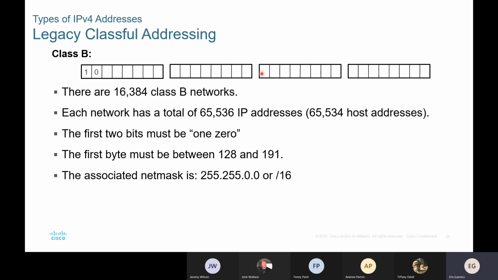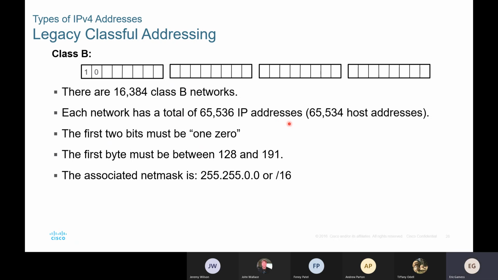So 2 possibilities times 2 possibilities, up to times 2 possibilities. What will be the total number of IP addresses? 2 to the 16, and 2 to the 16 is this number. So each network has a total of 65,536 IP addresses.